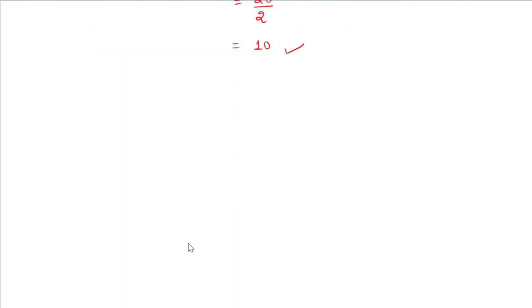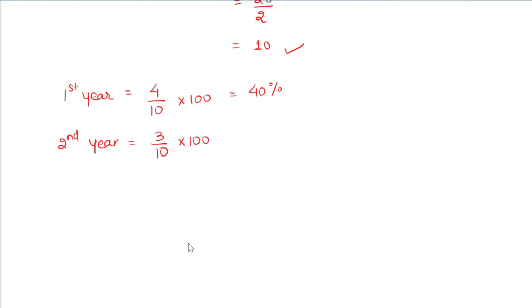Now calculate it for the first year, because first 4 years is required in the question. First year, 4 by 10 multiplied by 100, which is 40%. Second year, 3 by 10 multiplied by 100, which is 30%.